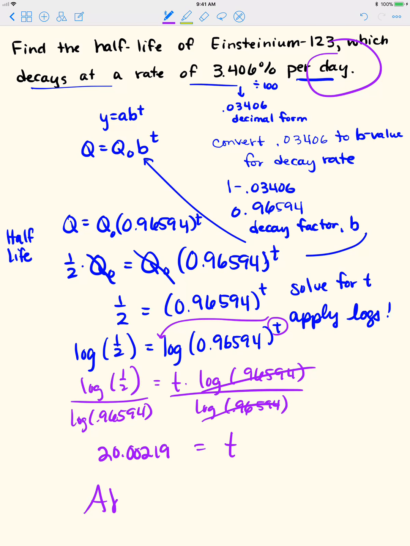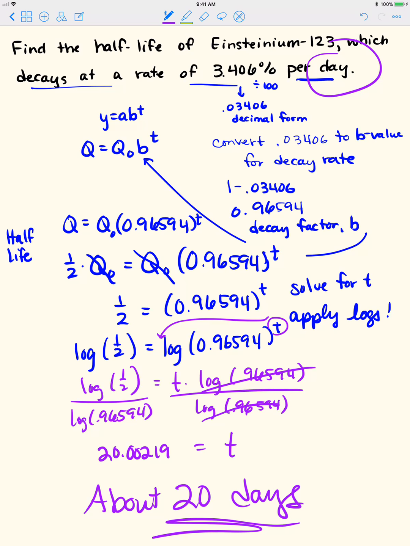So it takes about 20 days for Einsteinium 123 to be half of what you started with. So that's the half-life of this substance, element, whatever you would like to label it for this problem. The half-life is the amount of time it takes to get to half of what you started with, regardless of the amount that you start with. Found the half-life, 20 days.